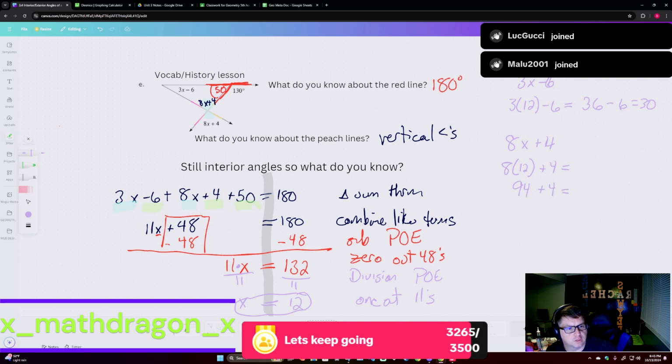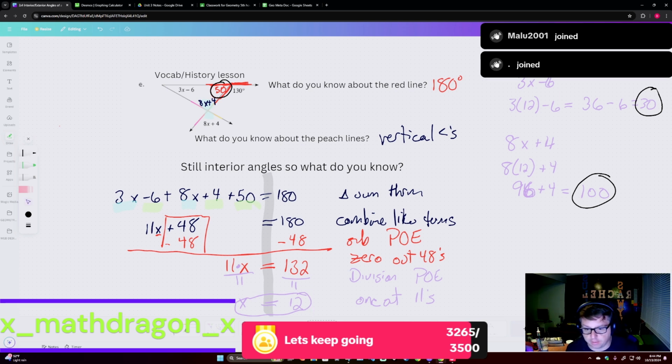Plus 4, which is 100. Okay. Now, why? Because if I take 100 plus 30 plus 50, then when I add those together, it should give me 180 degrees, which it does. So we know we are good.